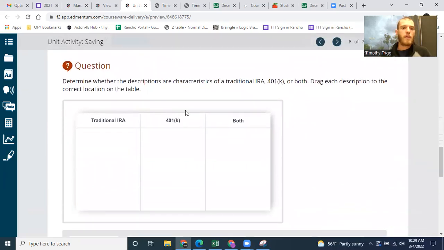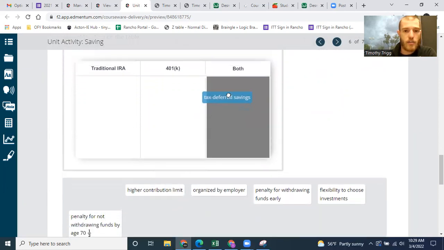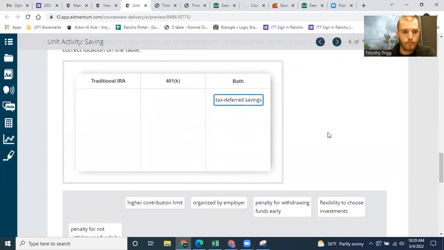Okay. Determine whether the descriptions are characteristics of traditional IRA, 401k, or both. Drag each description to the correct location in the table. For both a traditional IRA and a 401k, it's tax deferred savings, so it comes out of your gross income. That's the tax benefit, basically.